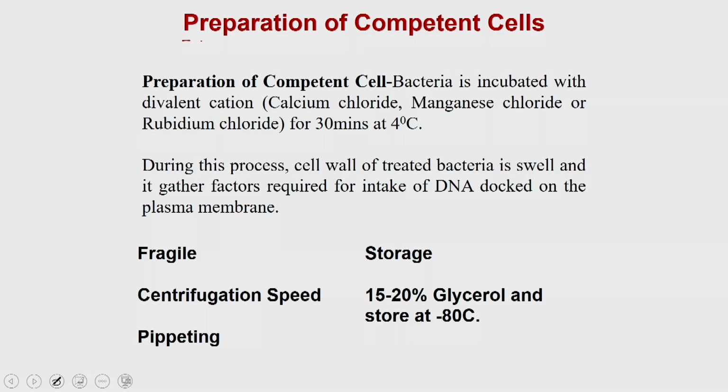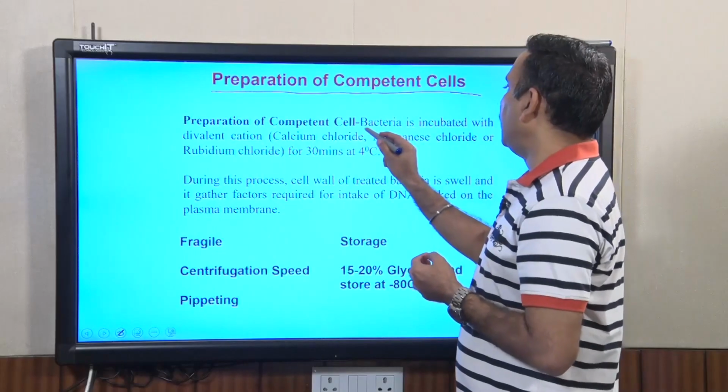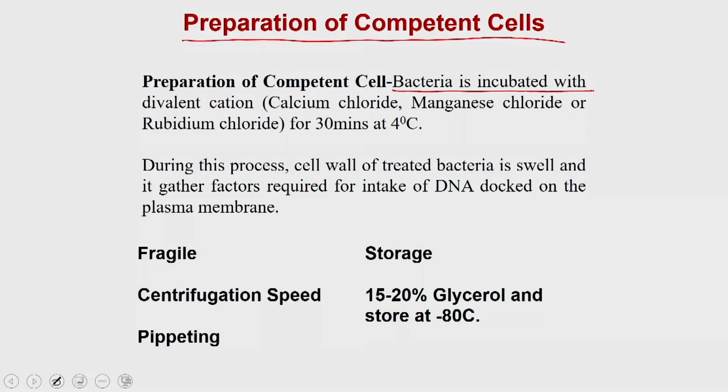So, how to prepare competent cells? Making competent cells is very simple. In this case we have taken the example of E. coli. How you are going to prepare competent cells is that you take the bacteria and incubate with divalent cations such as calcium chloride or rubidium chloride for 30 minutes at 4 degrees Celsius.